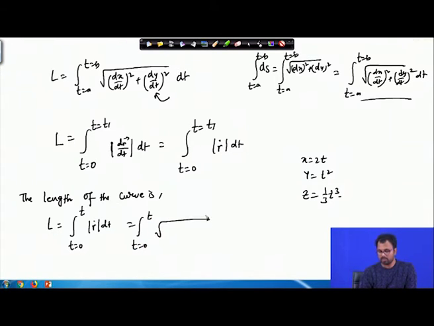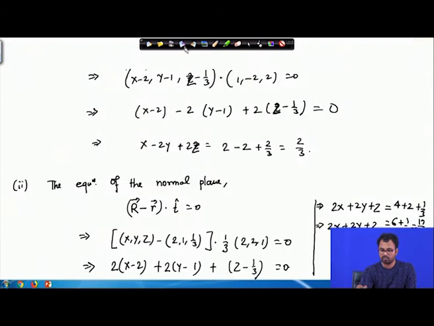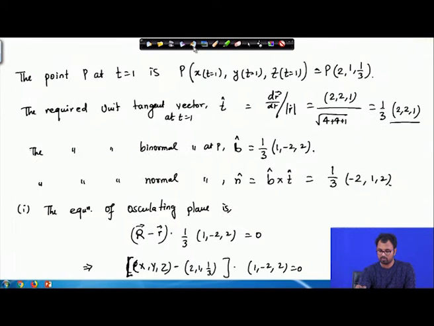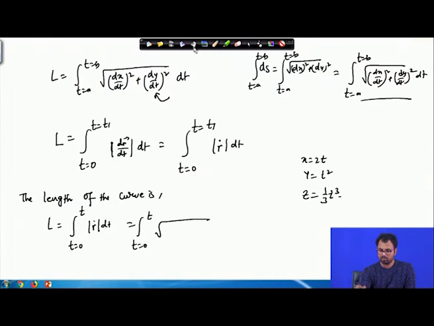So r dot is basically (2, 2t, t square). So I can substitute the value: 4 plus 4t square plus t to the power 4, dt.